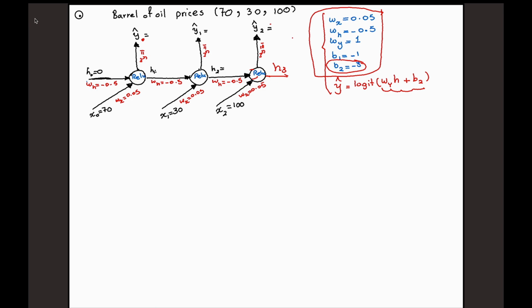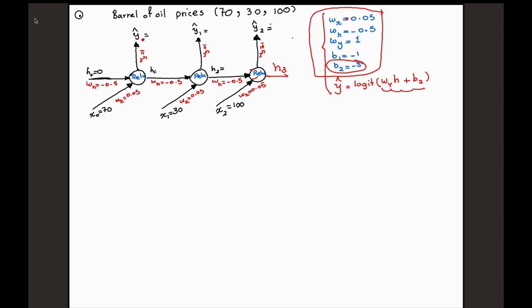At the same time, we have y's that are probabilities estimated based on the hidden state that was introduced, and it gives us the probability of whether or not the Fed is going to increase interest rates.